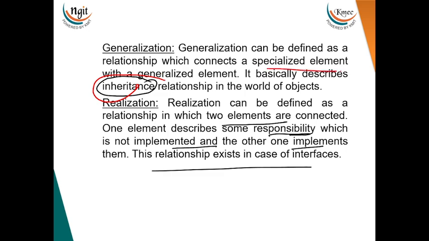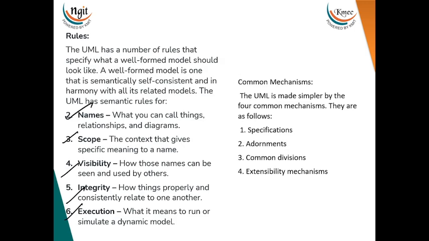It connects a specialized element and describes the inheritance relation. Realization can be defined as a relation in which two elements are connected, where one element describes some responsibility which is not implemented, and the other implements it. Correct? We will be seeing all this in detail.